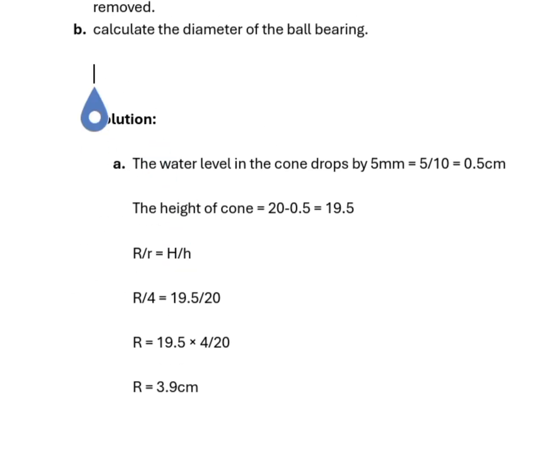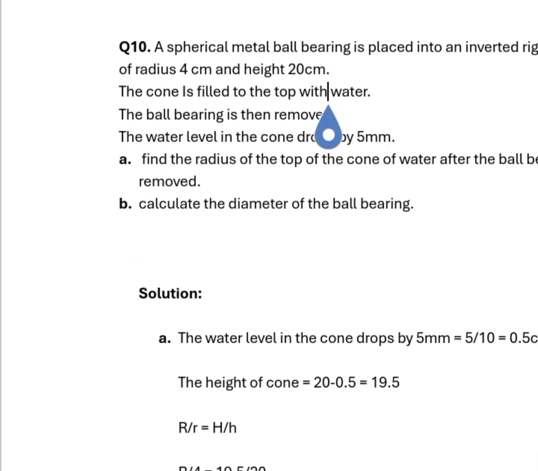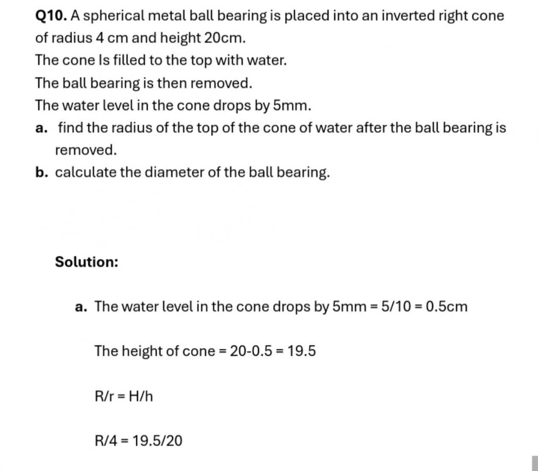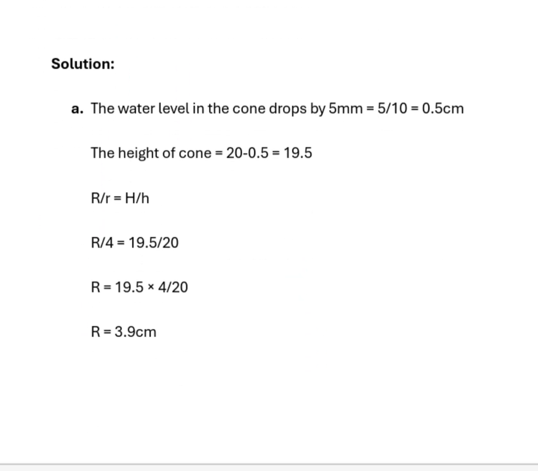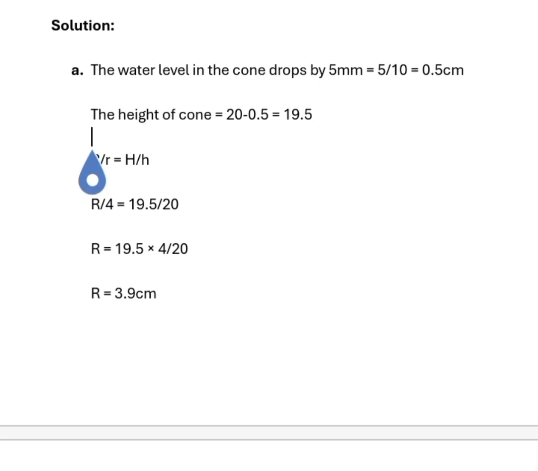The height of the cone is 20 centimeter, but after the ball bearing is removed, the water level drops by 0.5 centimeter. So we remove 0.5 centimeter: 20 minus 0.5 is equal to 19.5 centimeter.